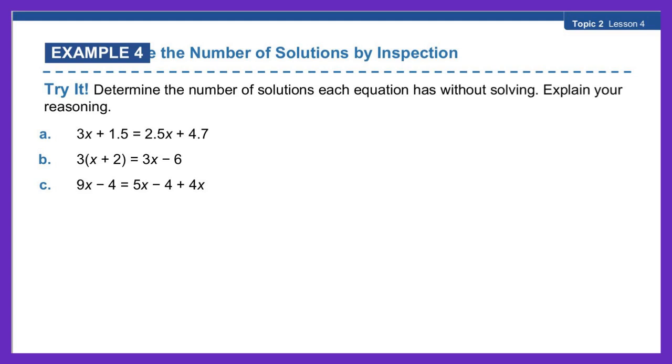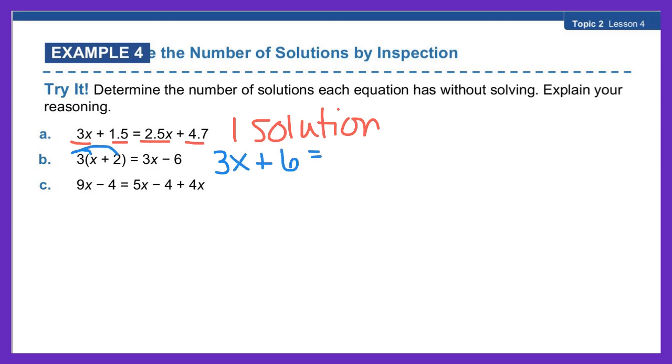All right, on letter A, different variable terms, different constants. This one is going to have one solution. On B, I'm going to distribute: 3 times x is 3x, 3 times 2 is 6, that's the left. On the right, I have 3x minus 6.